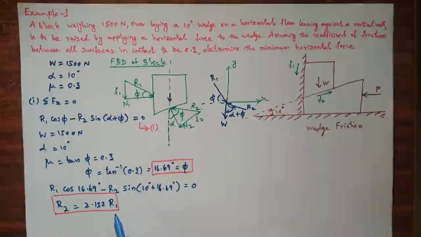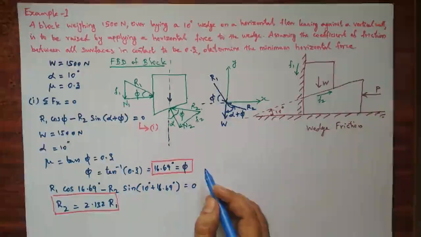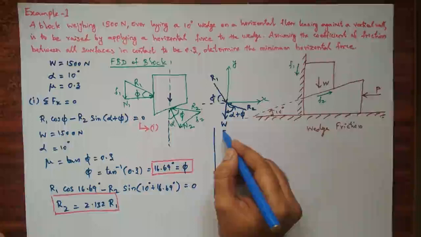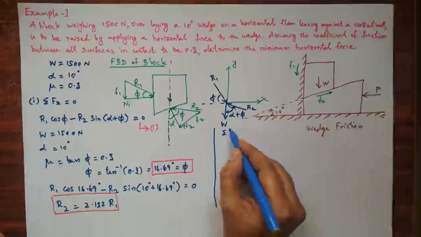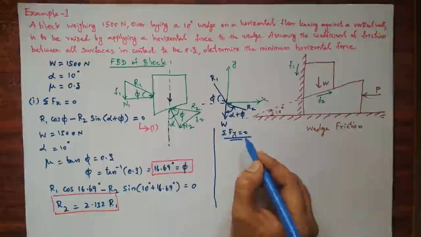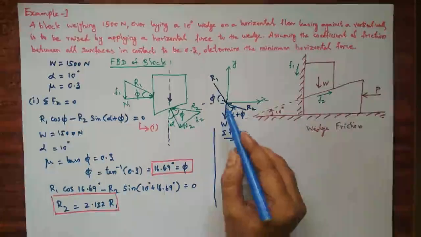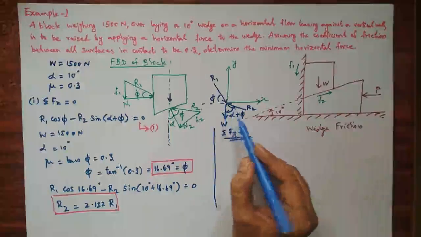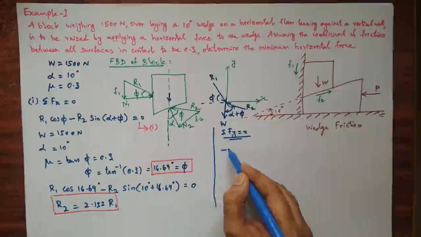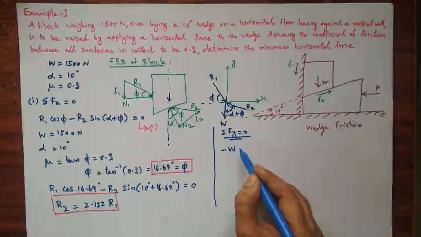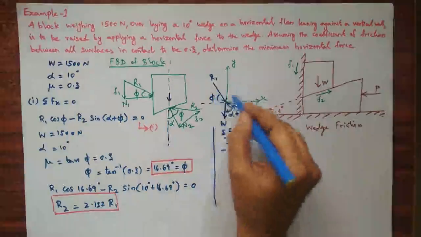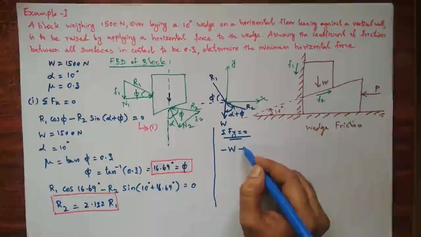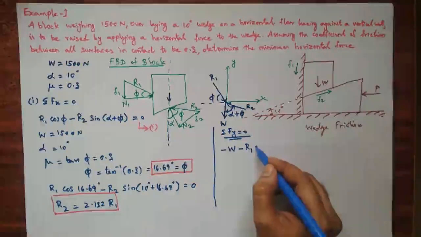Next, I am going to resolve all the forces in the vertical direction, that is, sum of Fy equal to 0. This is minus W, and minus, because all downward, R1 sin phi.